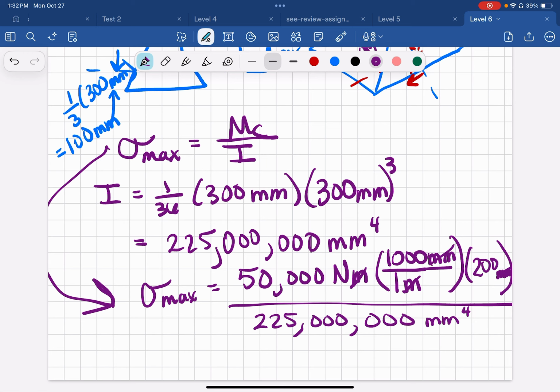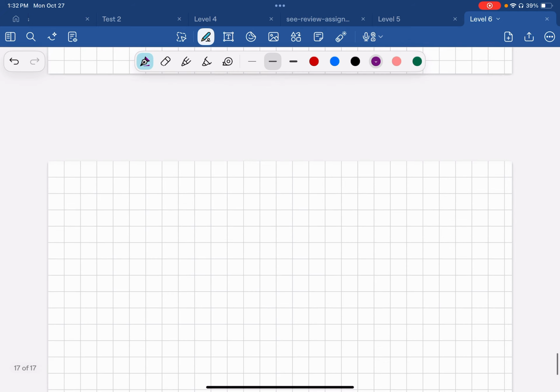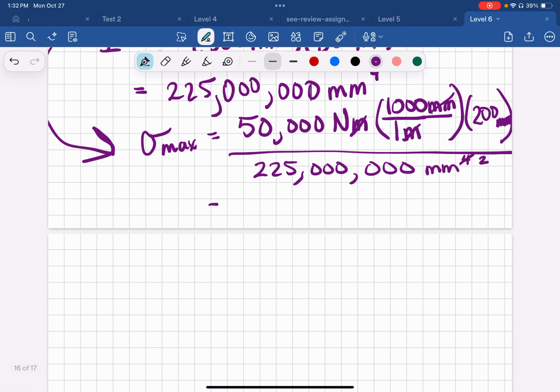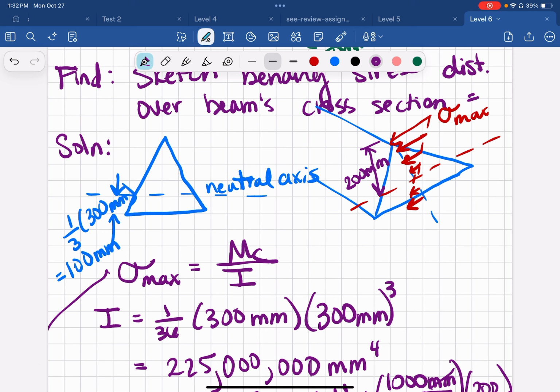I have millimeters squared on the top, and so that leaves us millimeters squared on the bottom. So newtons per millimeter squared, which would be megapascals. And so we get 44.4 megapascals. So that gives us that stress max up here is 44.4 megapascals.